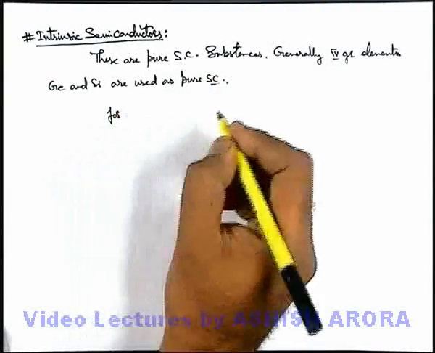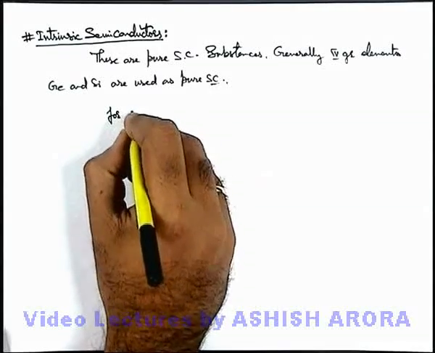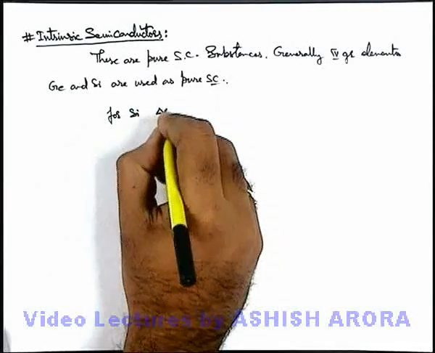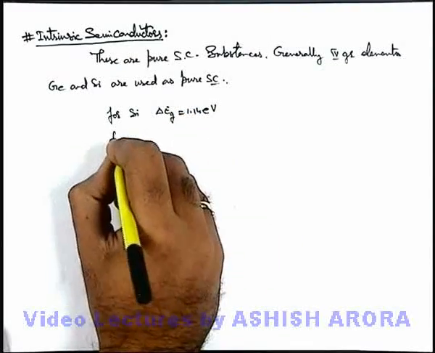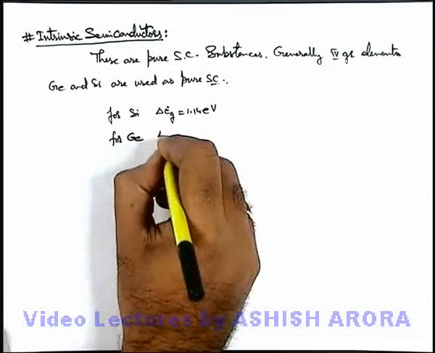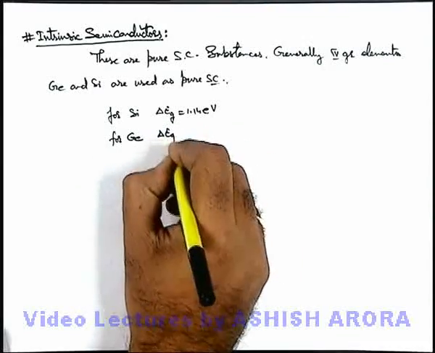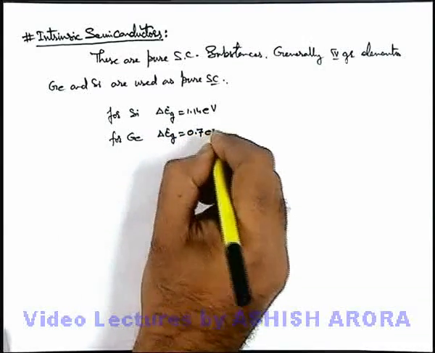And write down the band energy gap for silicon. It is delta Eg, it is 1.14 electron volt, and for germanium this forbidden energy gap is 0.7 electron volt.